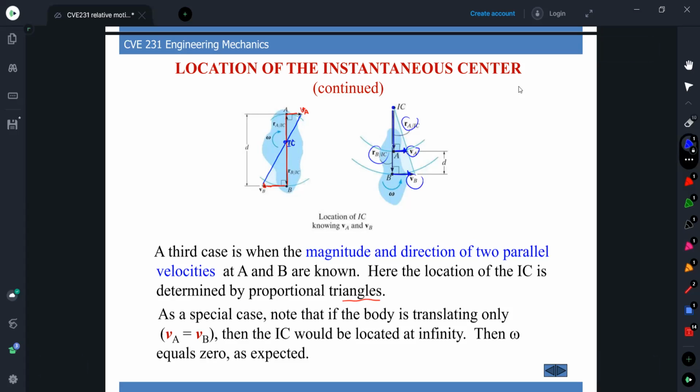According to this, we can draw the line that passes through the tips of these two velocities, and we can determine RA sub IC and RB sub IC by the proportion of triangles. That is how the location of IC is found.